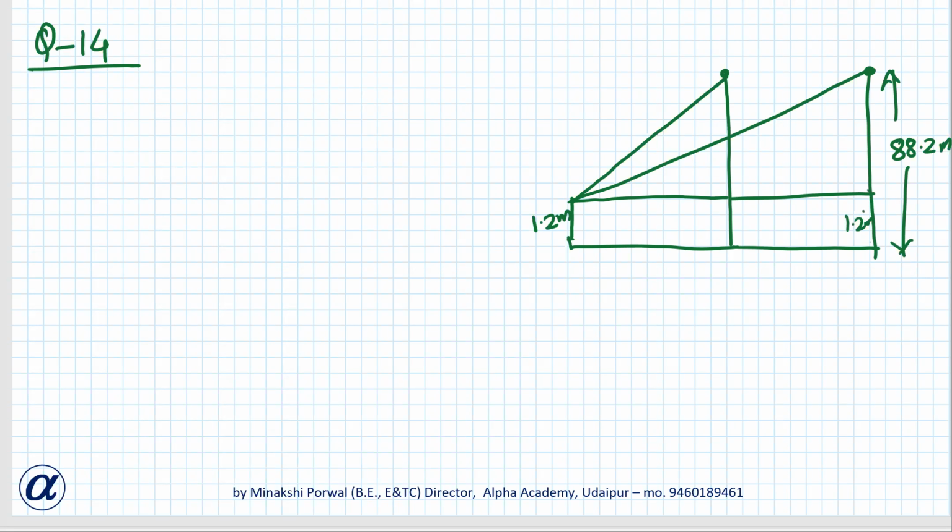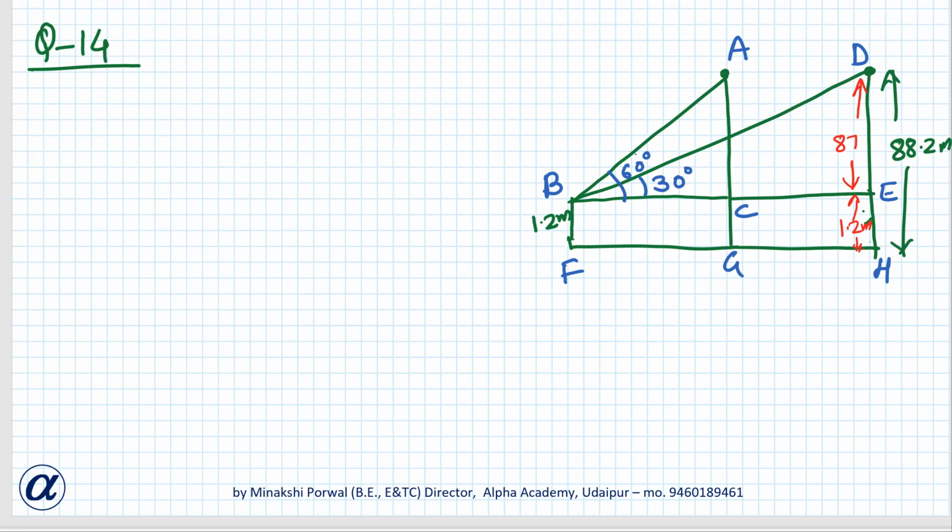So this will become 87 meters, because this is 1.2. Okay. Then naming all the points A, B, C, D, E, F, G and H. This angle is 30 degrees and this angle is 60 degrees.